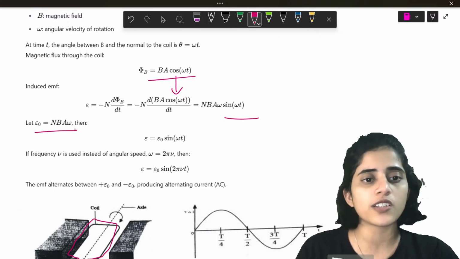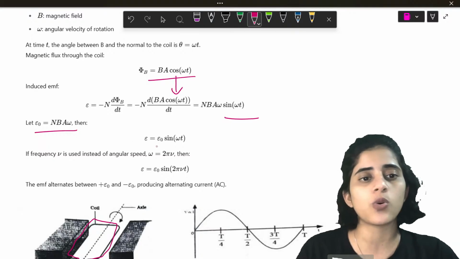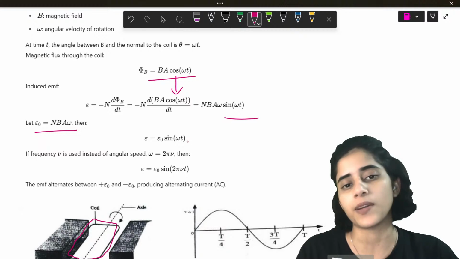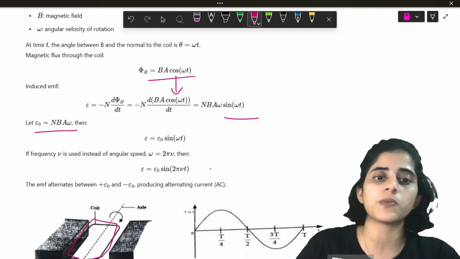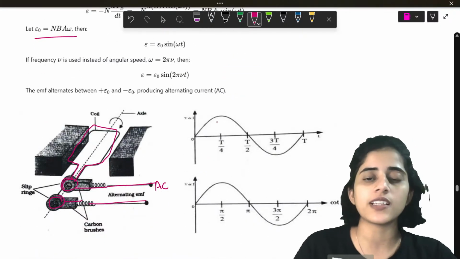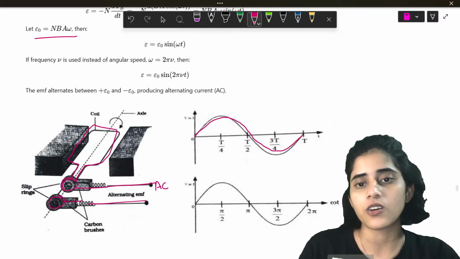So epsilon naught is NBAω, and E is equal to E naught sin omega t. Omega is 2 pi nu, so E is equal to E naught sin 2 pi nu t. So you can see that this is how it alternates.